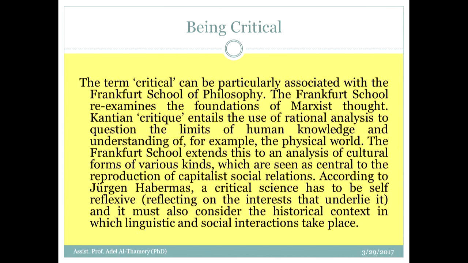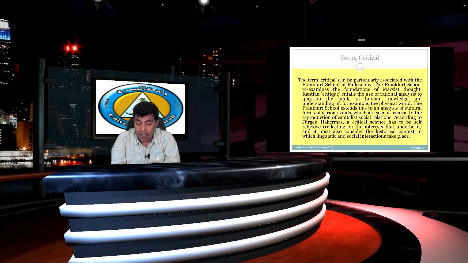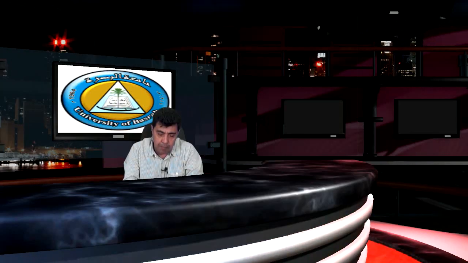The Frankfurt School extends this analysis to cultural forms of various kinds, which are now seen as being central for the reproduction of capitalist social relations. And according to Habermas, one of the Frankfurt School pioneers, critical science has to be self-reflexive. That is to say, it reflects on the interests that underlie it.